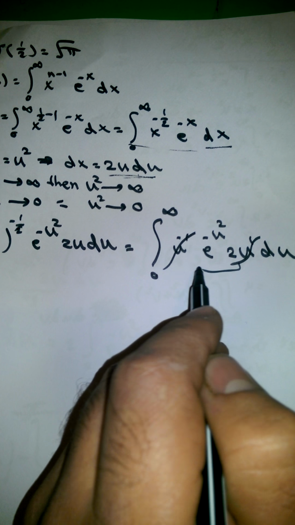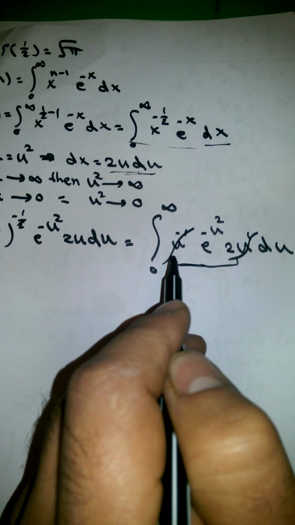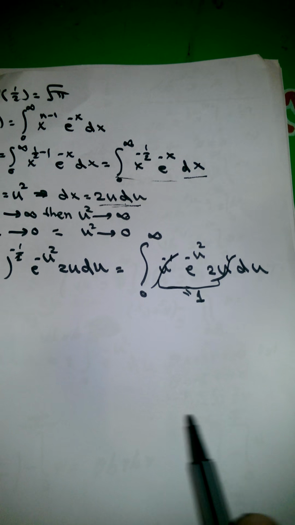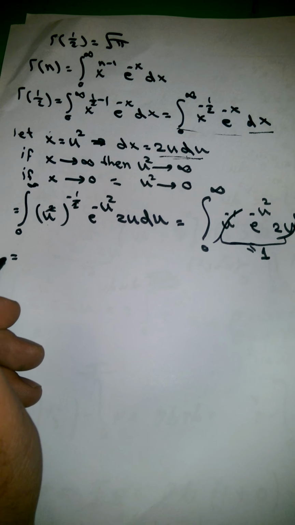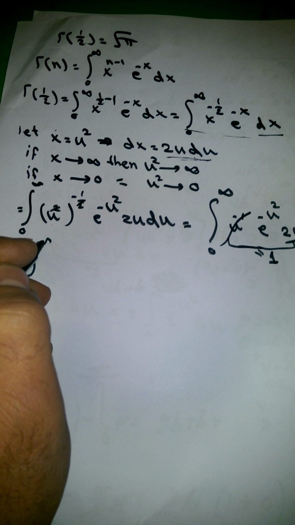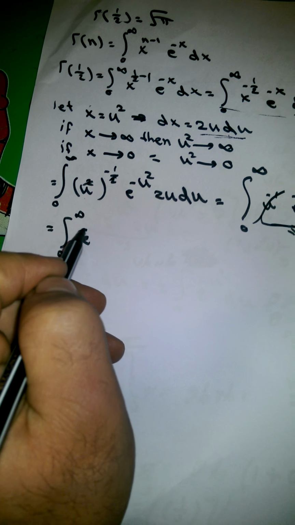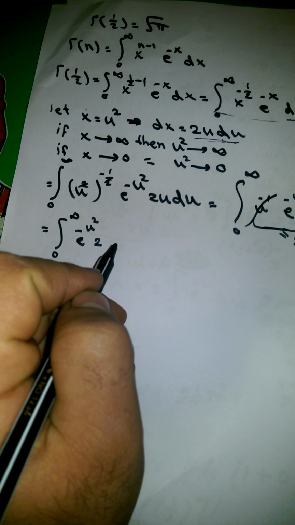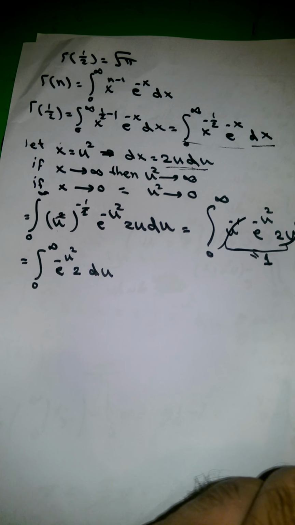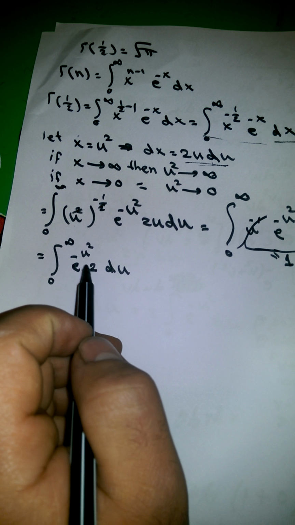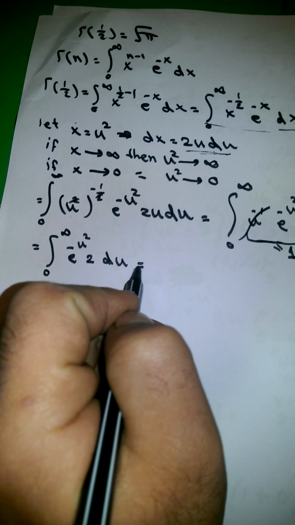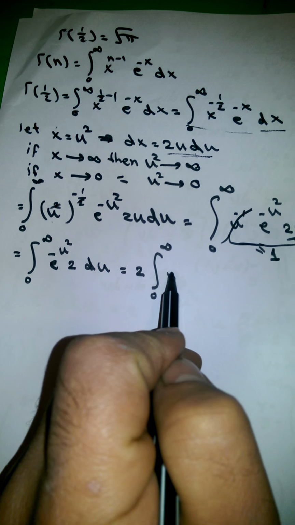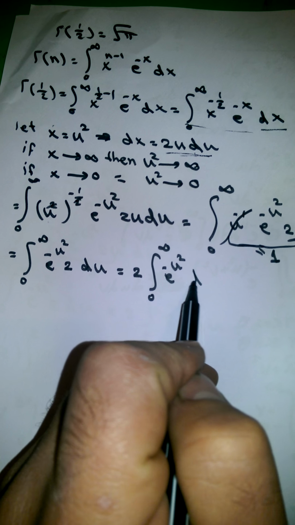The result of multiplying these two is equal to 1. Then what is the rest is the integral from 0 to infinity e to the power minus u square 2 du. Since we can take the constant out of the integral, it will be 2 integral from 0 to infinity e to the power minus u square du.